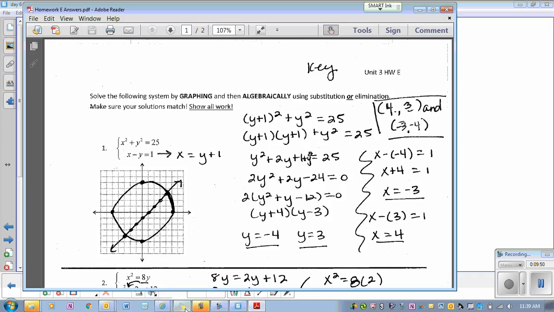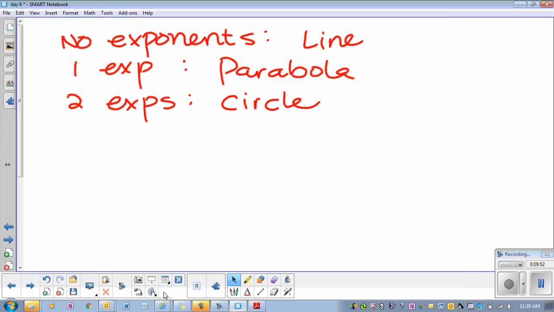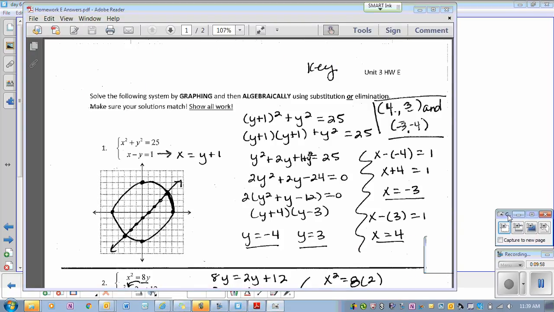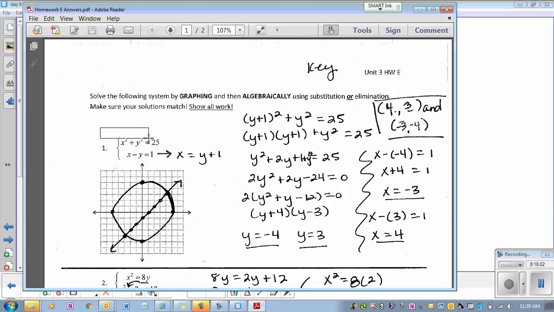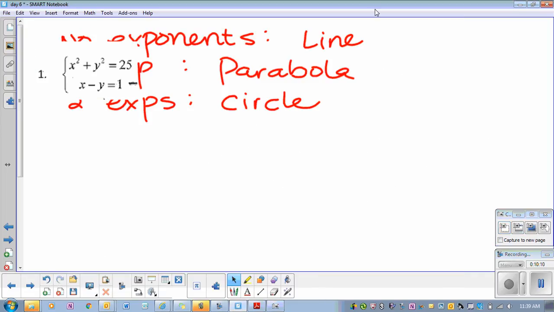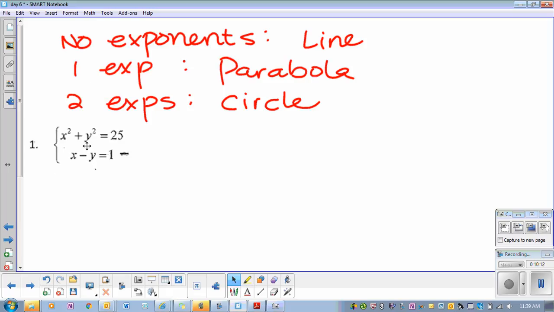Which method did you use? Did you use substitution or elimination? Substitution. Okay, I'm going to do that then. Elimination. Oh yeah, no, I wouldn't do elimination. Yeah, you're right, you would have to use substitution.